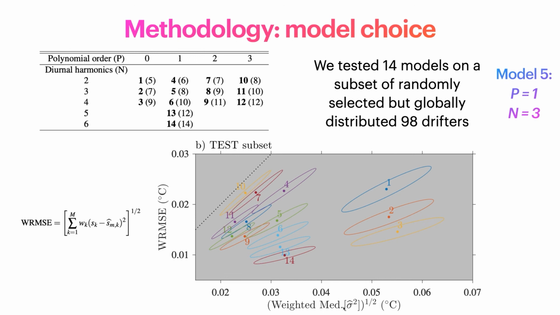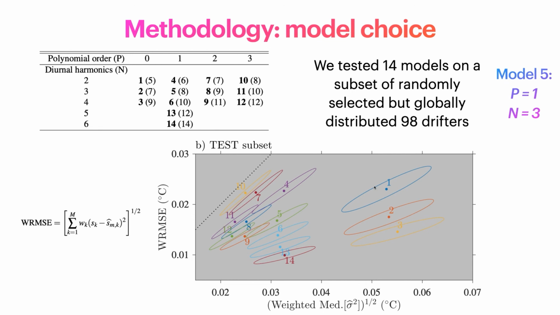Ideally, you would want the error variance to be minimal, and you would want the RMS error to be also minimal. And what we found, despite these 2 metrics not being independent, is that depending on whether we were changing the order of the polynomial or changing the number of harmonics used, those 2 metrics were changing differently.